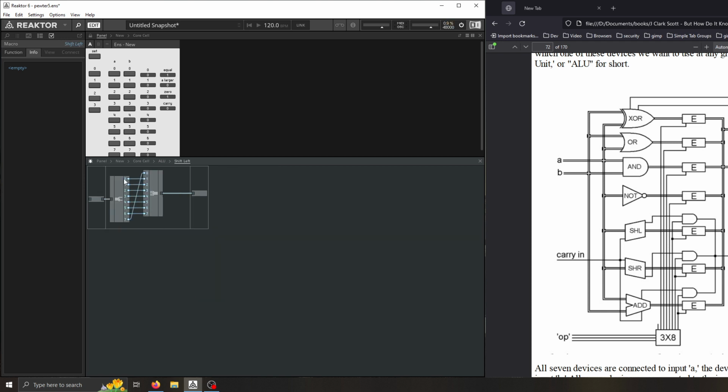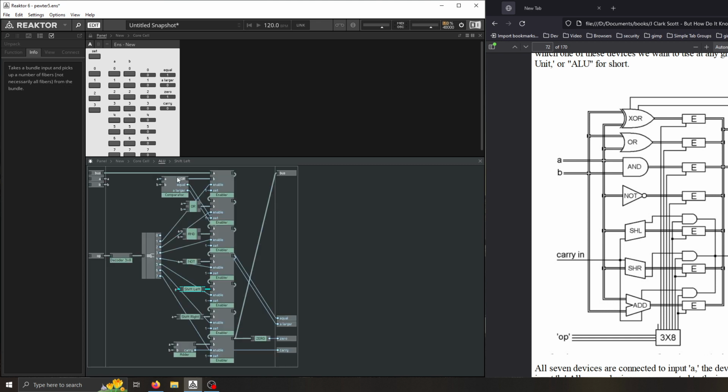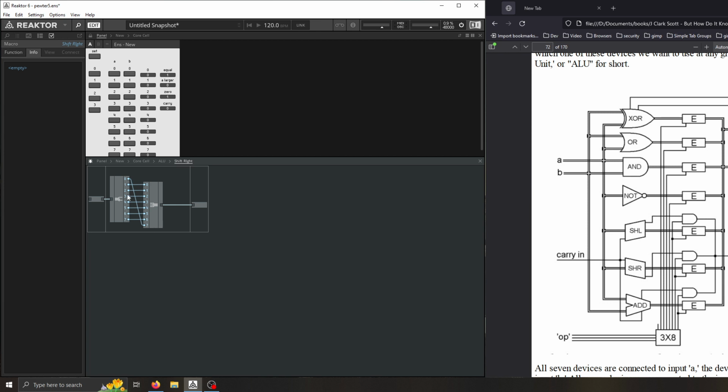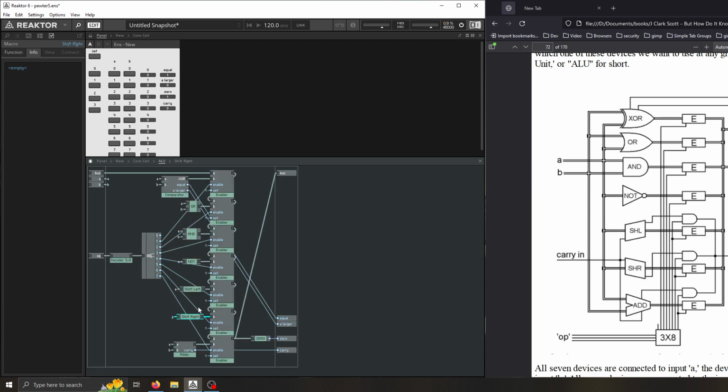Shift left, you can just see we're taking the input and moving 0 to 1, 1 to 2, pretty simple. Shift right is pretty much the same thing, and the last bit gets wrapped around. And then the adder, we've already seen. And then this checks if the output is 0.